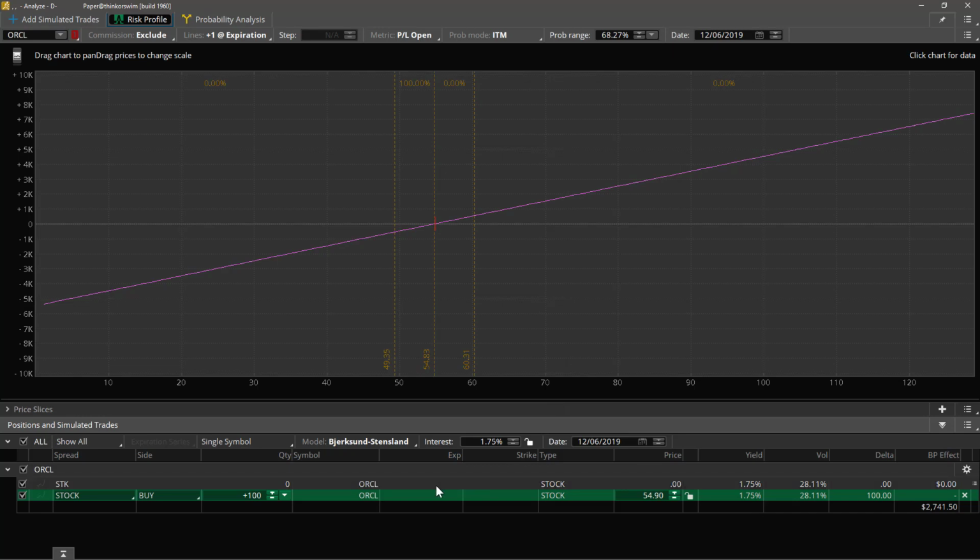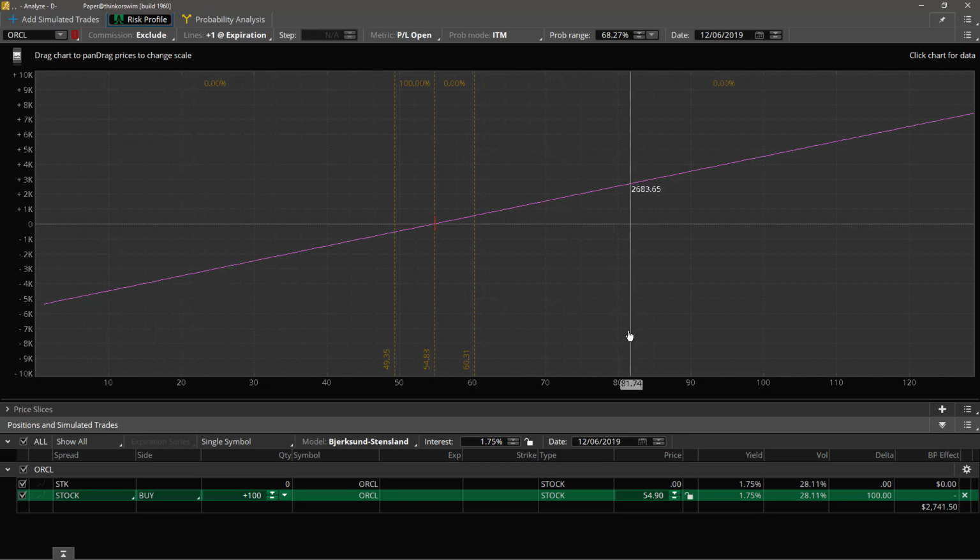If I bought Oracle at $54.90 a share, and it went to zero, I will have lost $5,490. I guess I can't quite get to the zero point there. Basically all of my money.